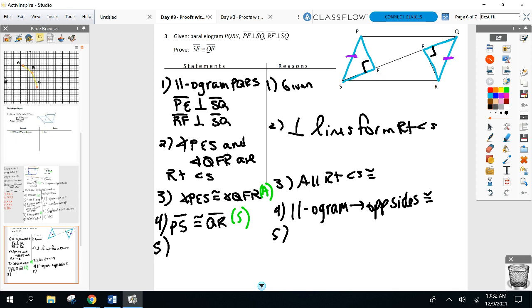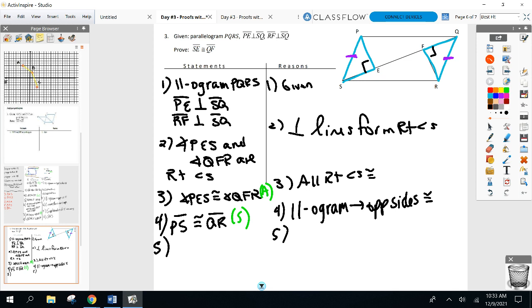Molly. You can say that angle PSE is congruent to angle FQR because parallel lines imply that alternate interior angles are congruent. That's what it's going to be. Great job. From now on, what type of figure is PQRS? If you have a parallelogram, what's SQ in that parallelogram?